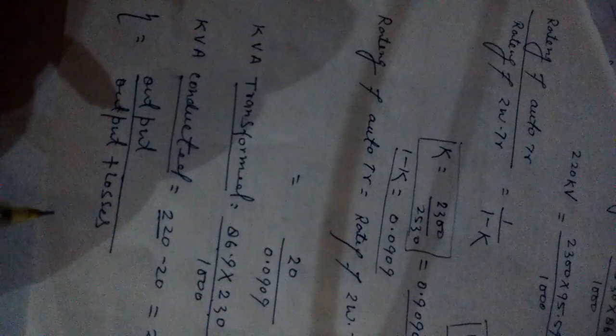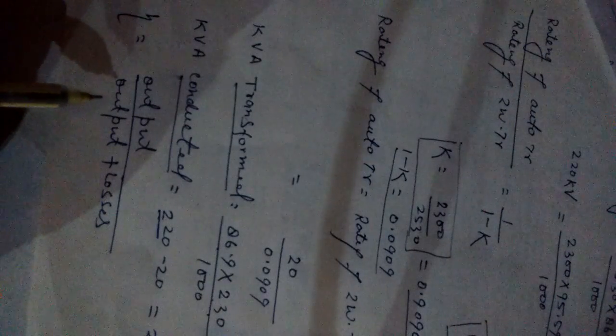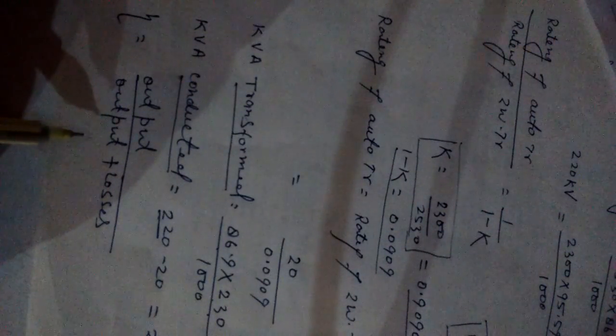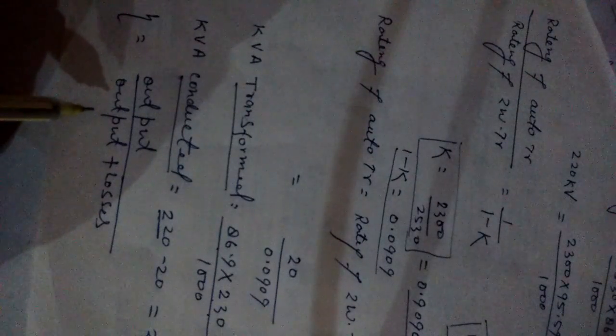Now we have to calculate the efficiency of the auto transformer. You all know efficiency is output upon input, and input is the sum of output plus losses. You can calculate losses is equal to 1 upon efficiency minus 1, into output. Efficiency is given in the case of the two winding transformer, which is 96%.